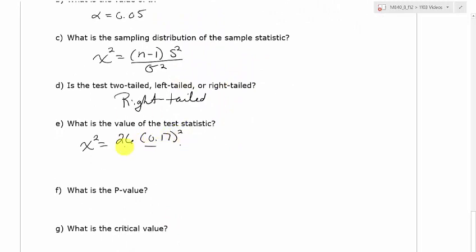We square that, divided by sigma squared, so that was 0.15, and square that. When you plug this into your calculator, you should get 33.396, and I'm going to take this out to 3 decimal places. Just be careful in my stat lab that you put in however many decimal places they're asking for. If they wanted 2 decimal places, you would enter 33.40.